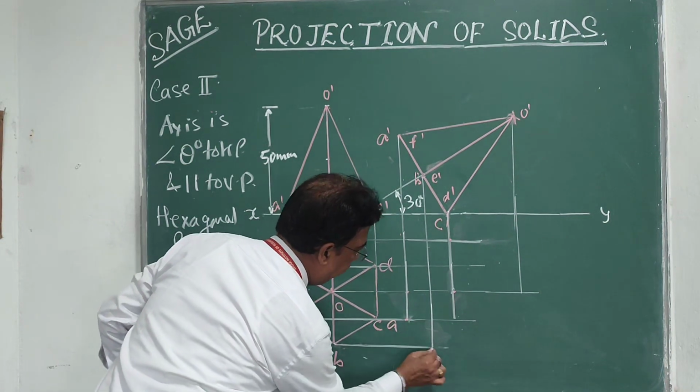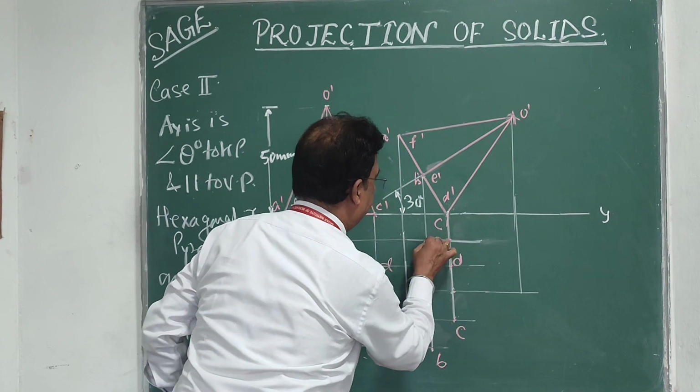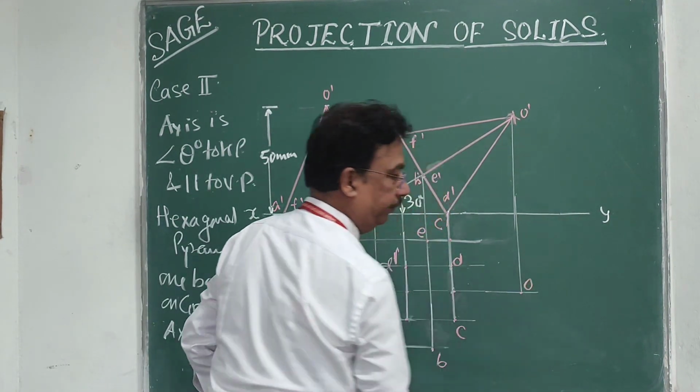So this will be A, B, C, D, E and F, and this point will be O.